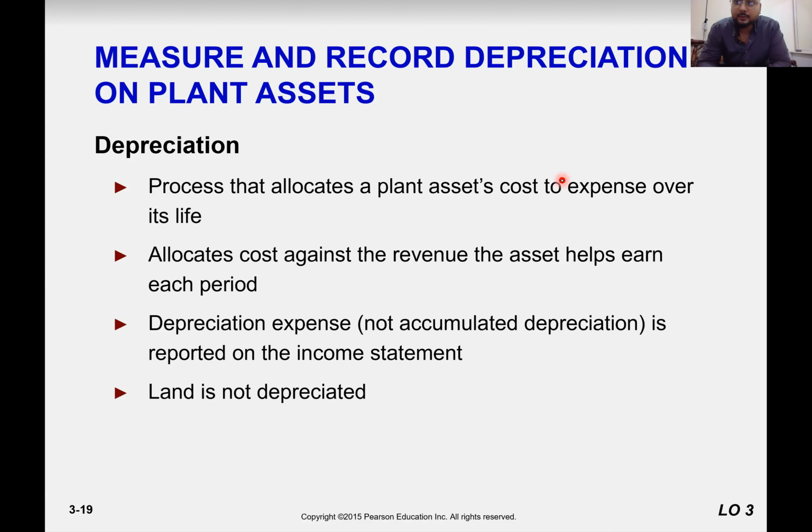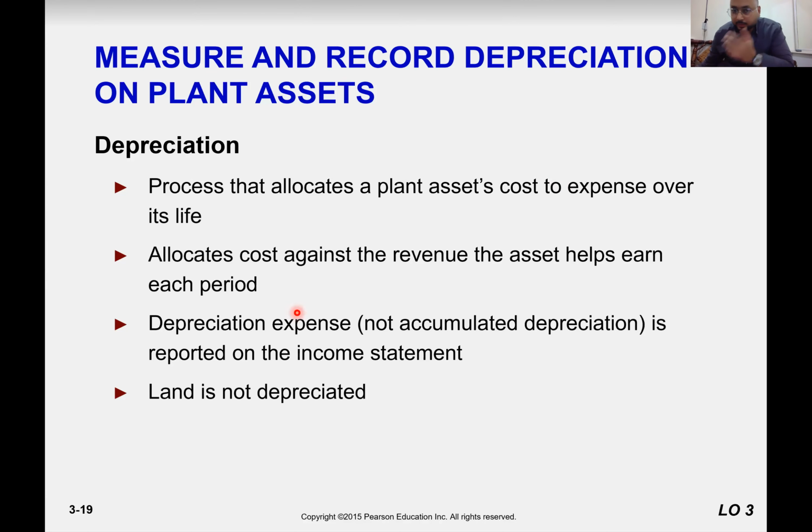Some say that it is for building separate cash from others for other assets, but it's not. It is the cost of the asset you spread across its useful life, and you expense it on a yearly basis according to the life. We'll see that.